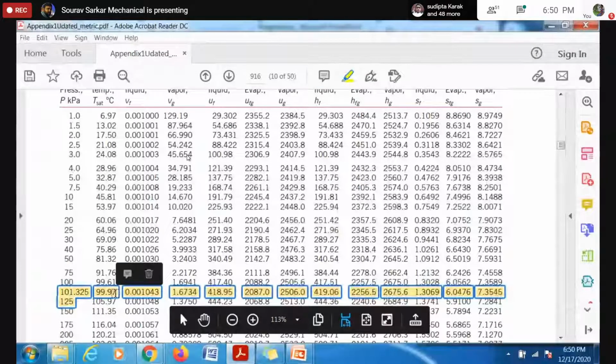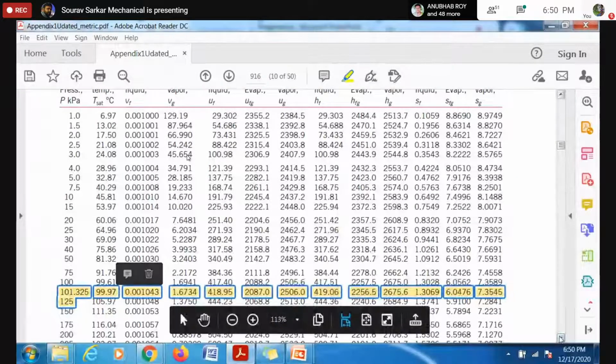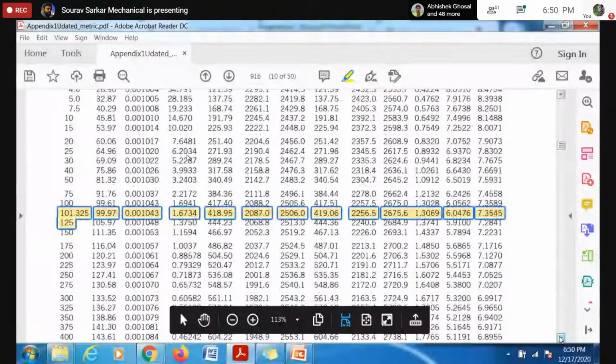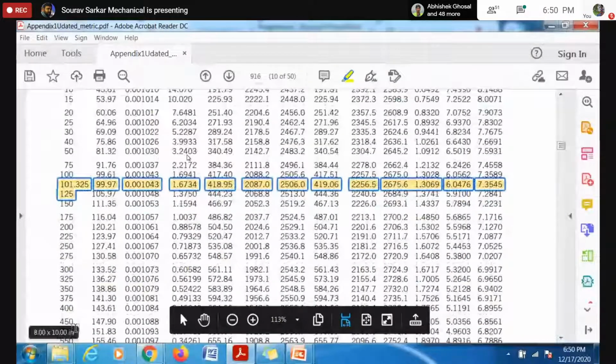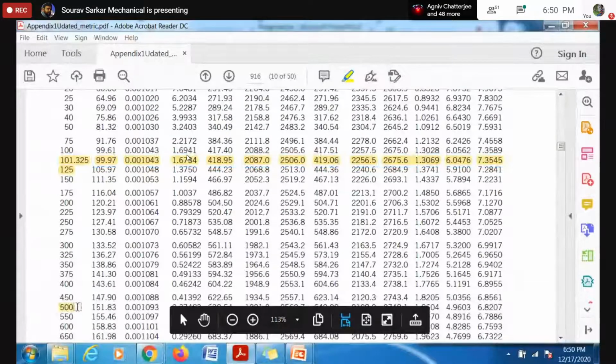Can you see that? Yes, sir. If you see at 500 kPa pressure, your corresponding boiling point is 151. Can you see that?